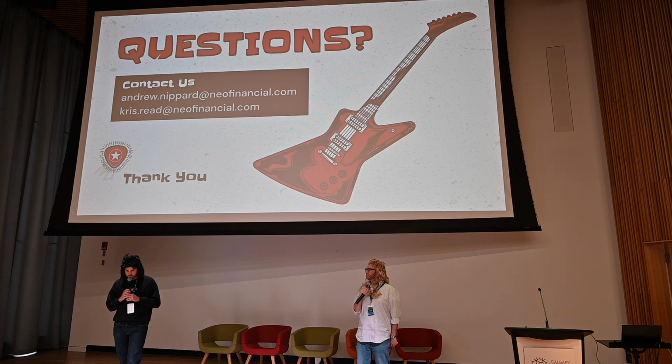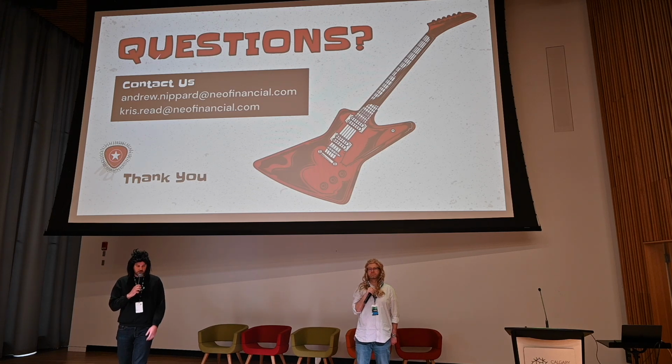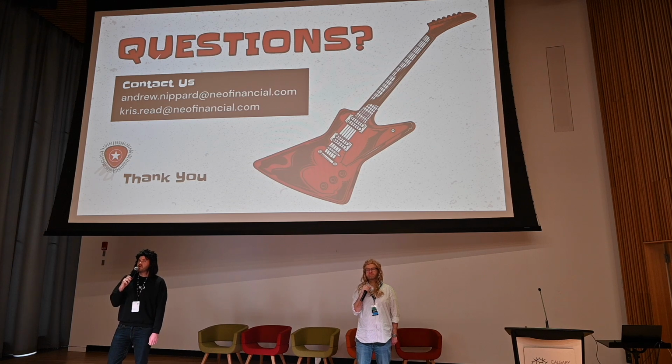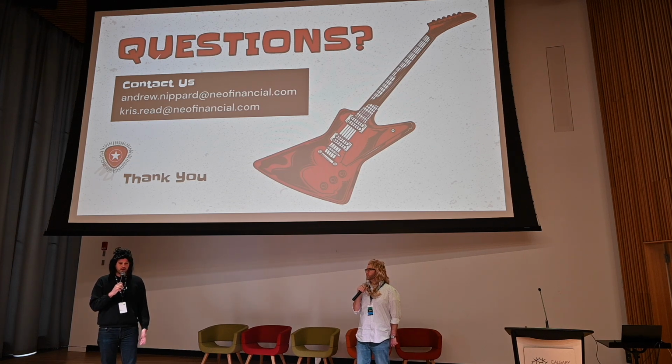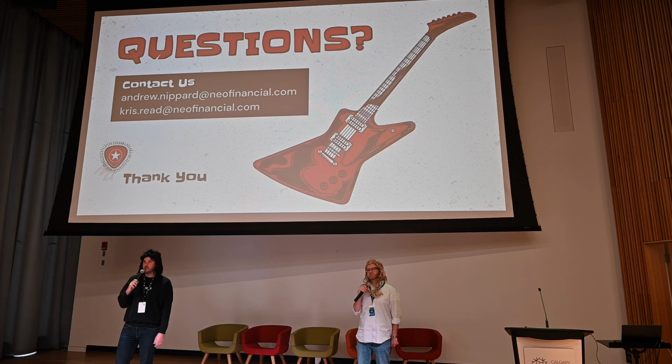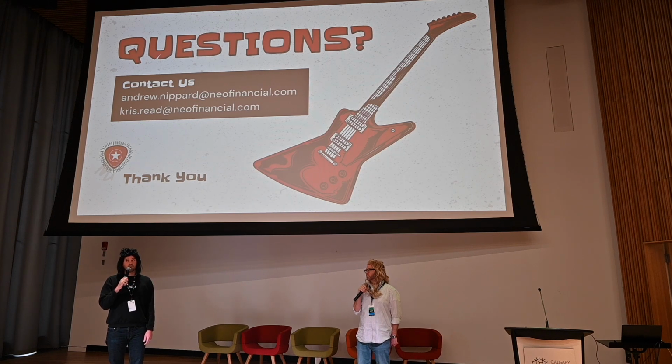Within Neo, it actually started within our fraud space. Last year in the summer, we were having some issues with some fraudsters who were trying to take some money from us. So we started to dig in, and we had built a couple of models, but they were very rudimentary. They were really good.